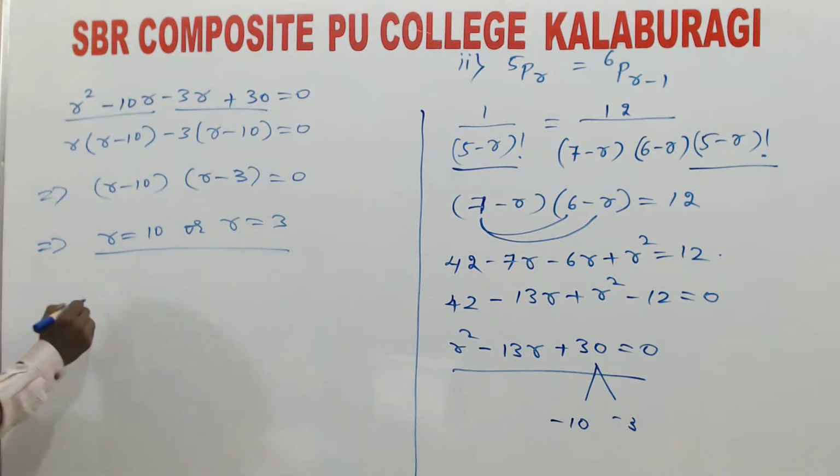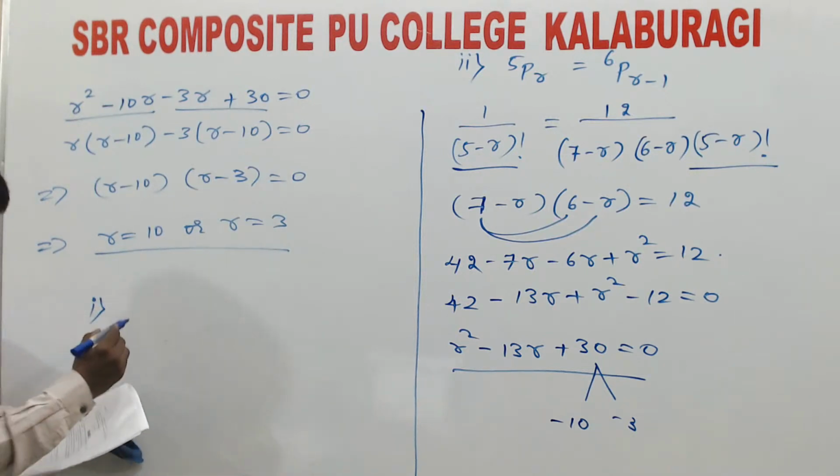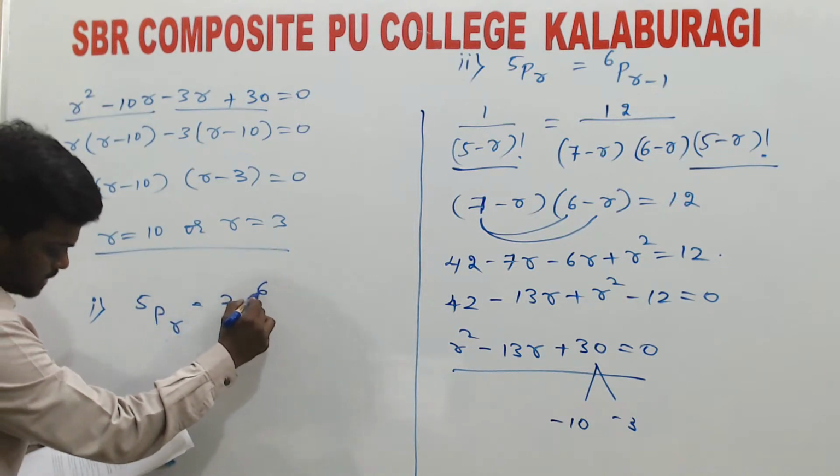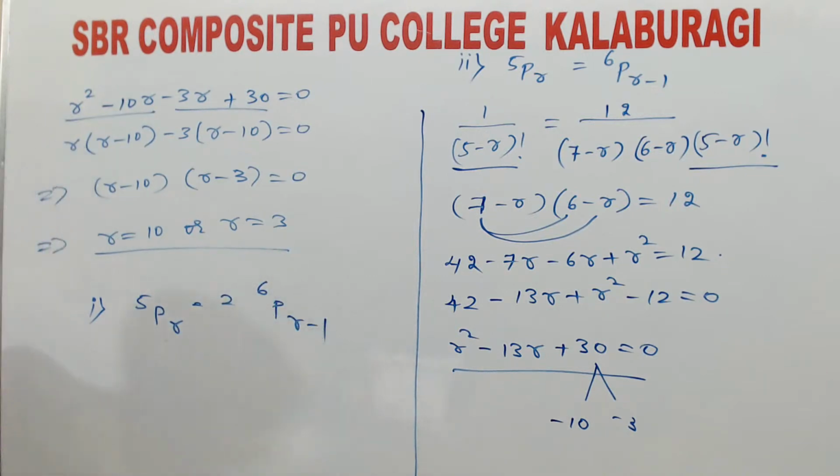Yes, students. And what was the question? The question was 5Pr is equal to twice 6P(r minus 1). Now see which r gives us some meaning, a basic understanding of permutation.